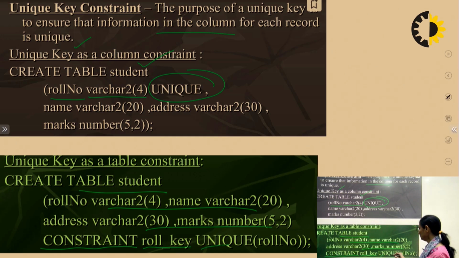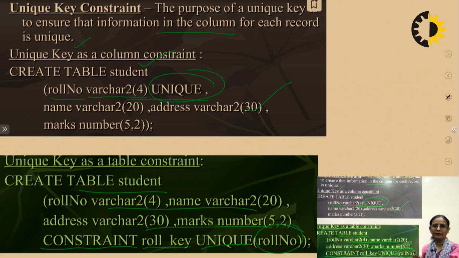Then unique, that is the constraint type, and on which particular field I want to apply. I am again repeating, in the case of a column level constraint, you just give the constraint name against the definition of each column. Whereas in the case of a table level constraint, what you will do?